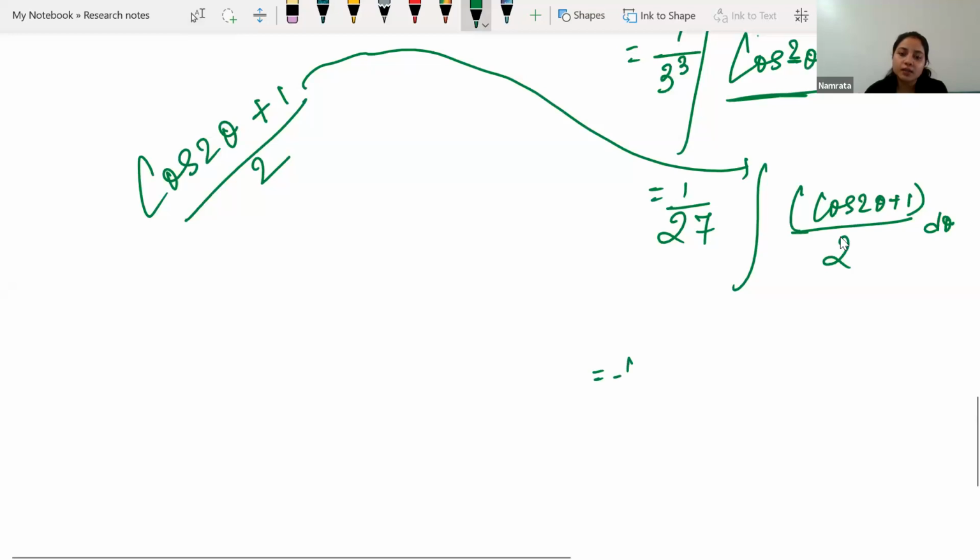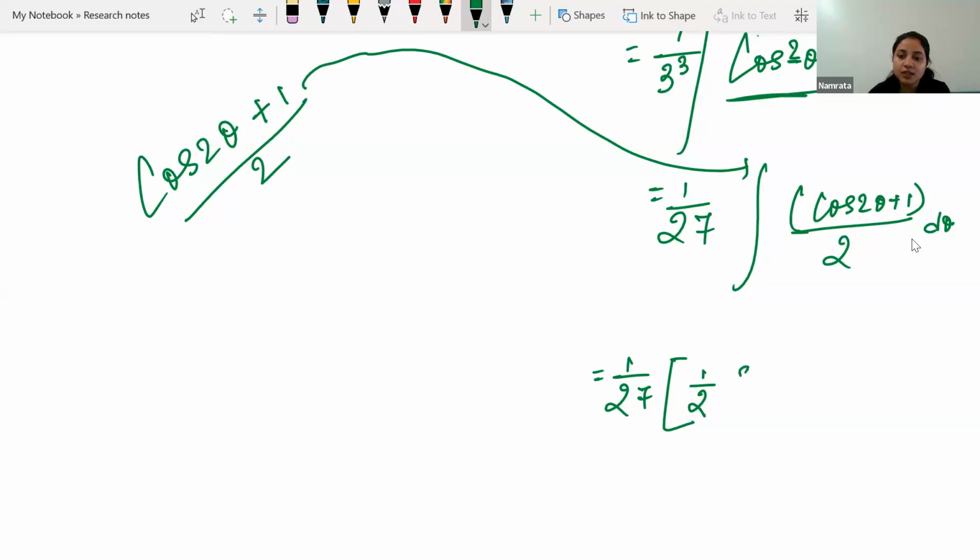So let's do it quickly. We need to find the answer, the steps we are doing for ourselves, but at the end we have to mark the correct answer. So we will be doing it quickly. Cos 2 theta, what will be the integration of that? Sin 2 theta divided by 2. Is it minus sin 2 theta or what?